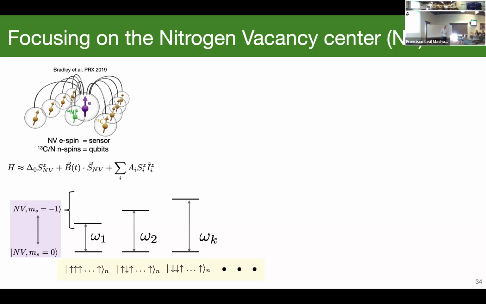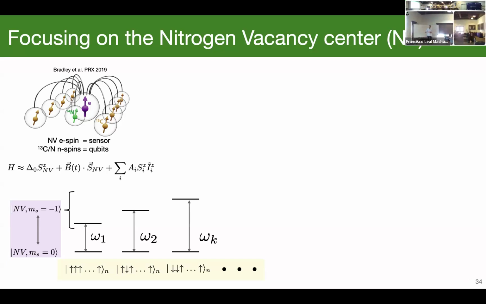And it turns out that if your field is large enough, the Hamiltonian has a shape we can carry. We have a carrier frequency set by the bare frequency of our NV, and then you have these quantum-register-dependent shifts that the NV feels depending on the state of the nuclear spins.